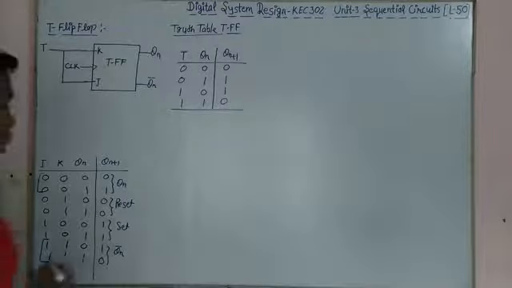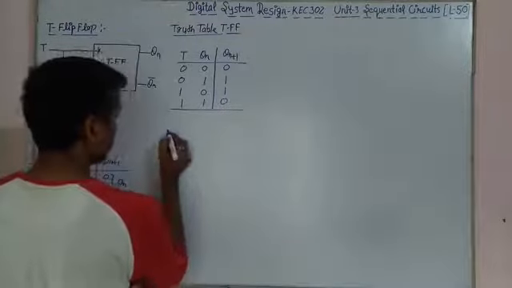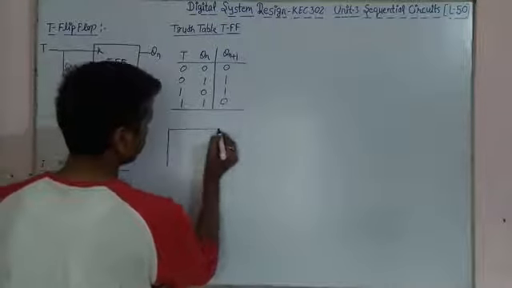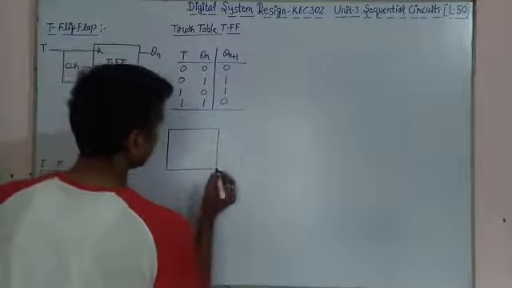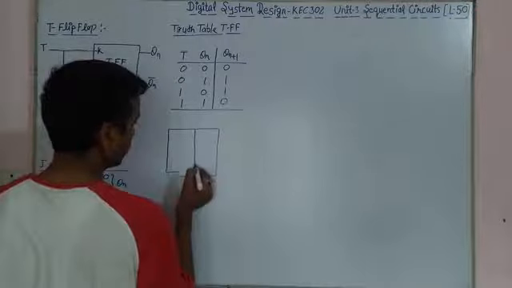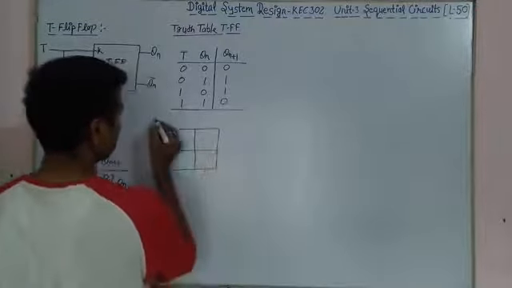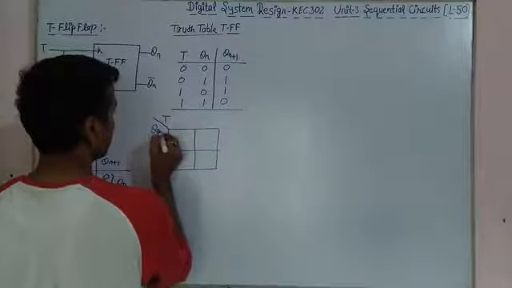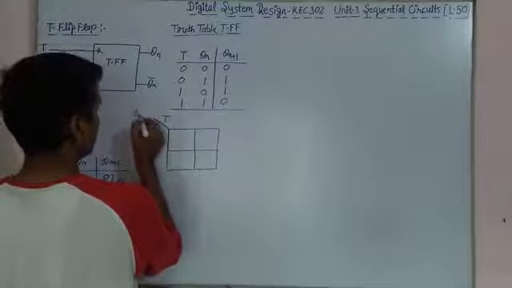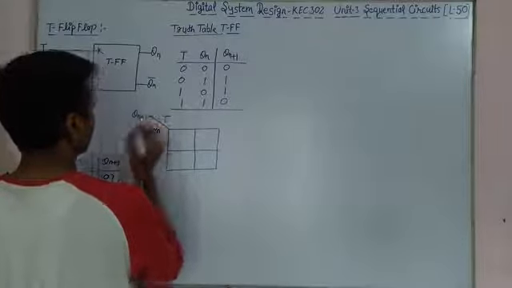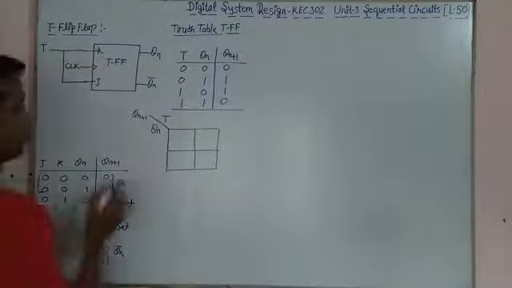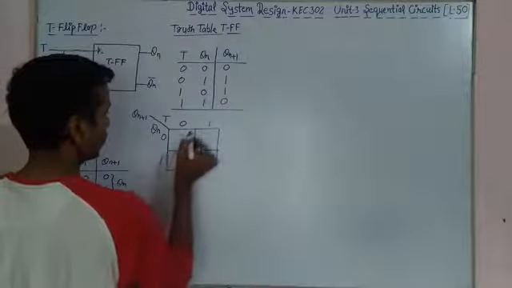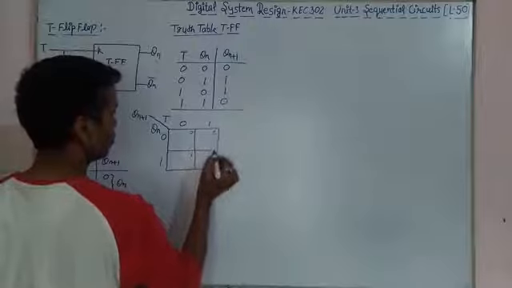Now make a K-map for these four combinations. Then you can find the characteristic equation for this T flip-flop, with inputs T and Qn, and the function Qn plus 1. The cells are numbered 0 1 2 3.